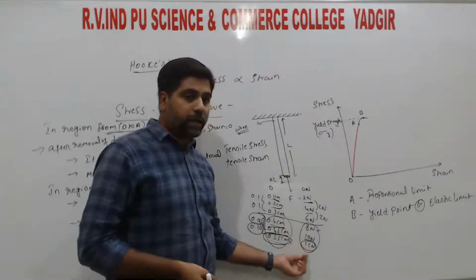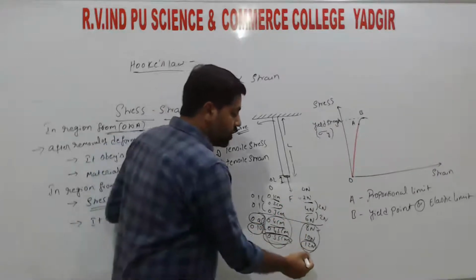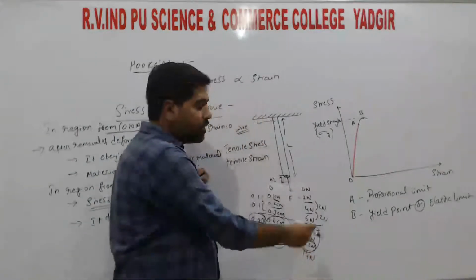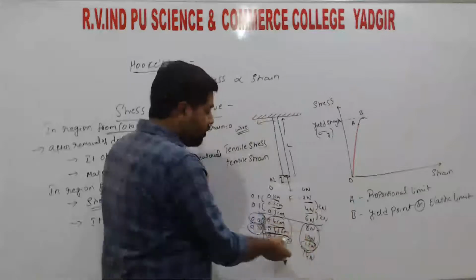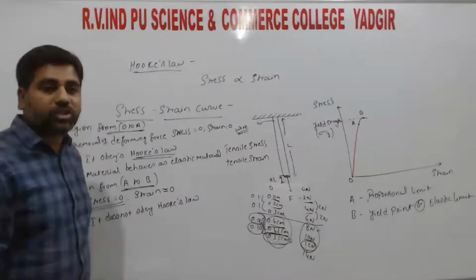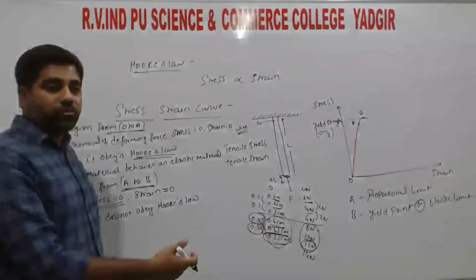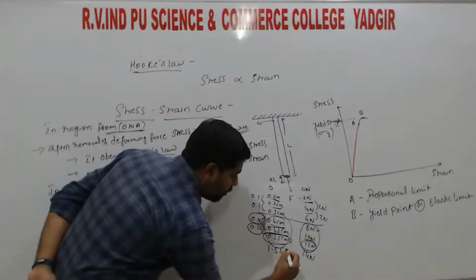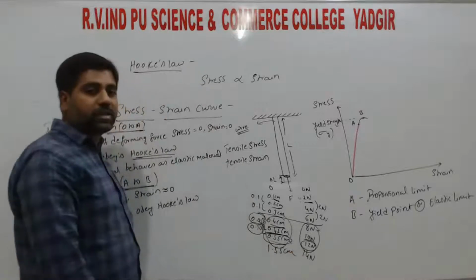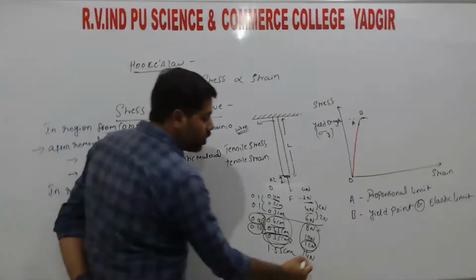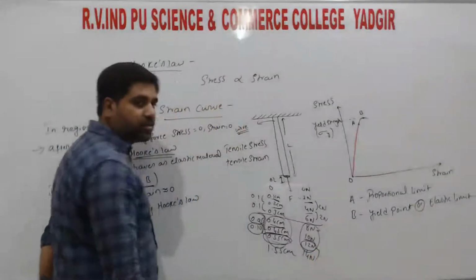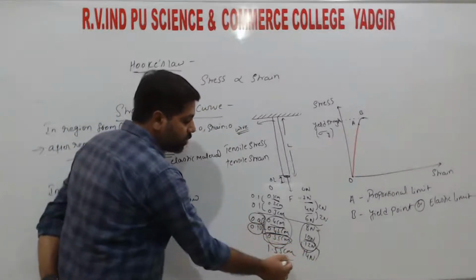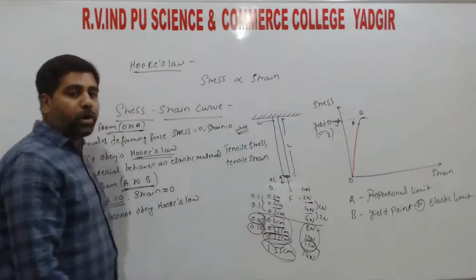So with a small increase in load, that is 12 newton, just a regular 2 newton difference, when a small load is applied we get a drastic change in the strain, meaning we get a large strain, that is 1.55 centimeter of strain, for only a small change in stress, only a 2 newton difference.